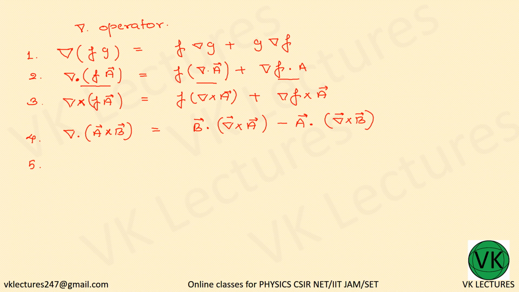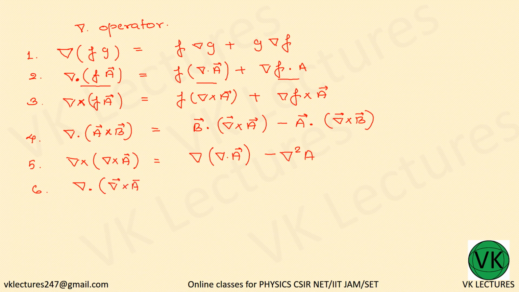Fifth, del cross del cross a, we are going to get a vector, that's equal to del of del dot a, the gradient of the divergence of a, minus del square a. Sixth one is divergence of del cross a, so it's equal to 0.